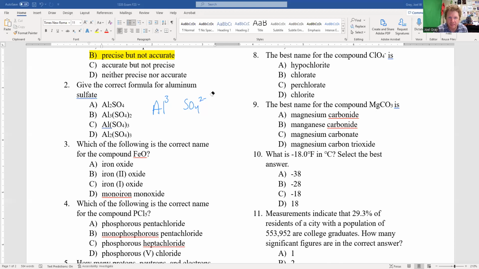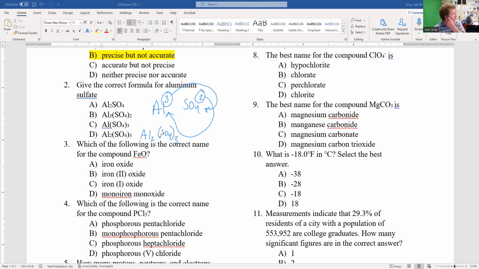Rather than having them be superscripts, make them subscripts. So you would end up with 2 as the subscript for Al, and then SO4, your subscript for that would be 3.